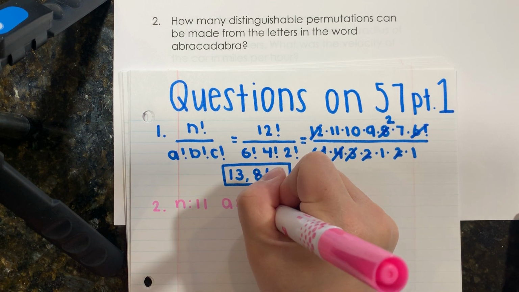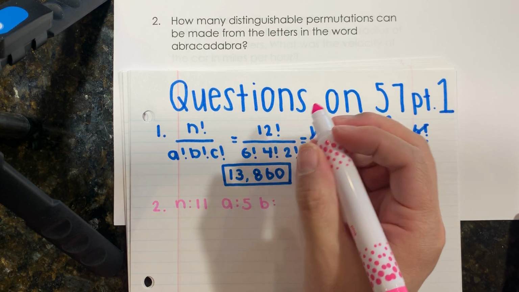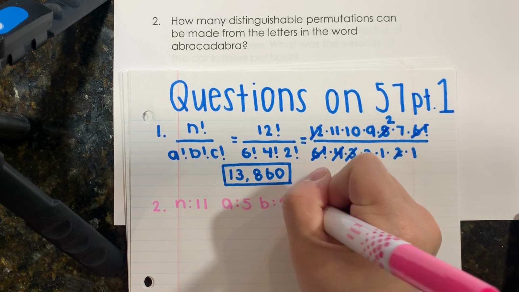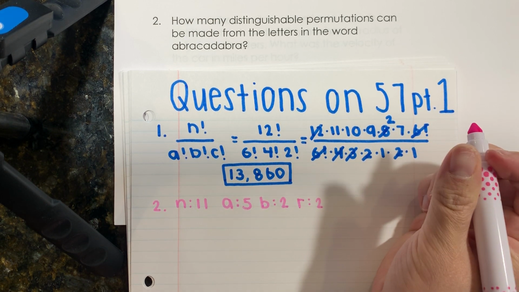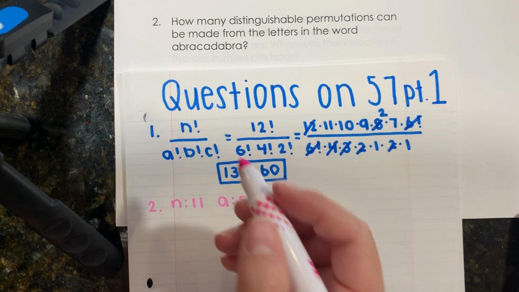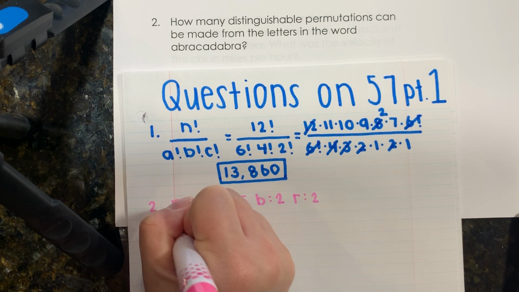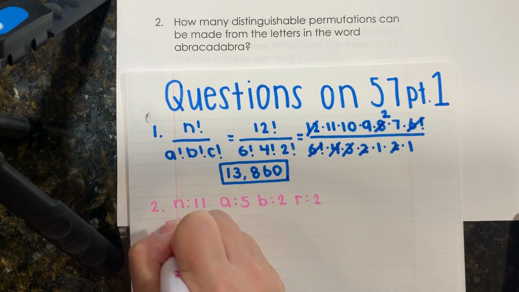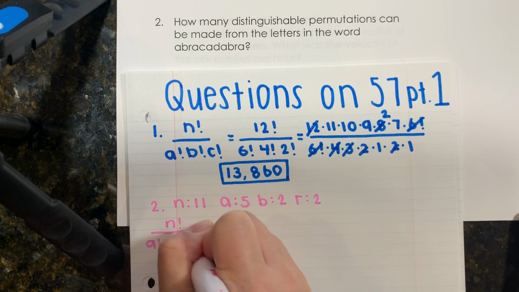Number of B's, I have 2. And number of R's, I also have 2. So now for my formula, n factorial over the number that are alike. So this would be a factorial, b factorial, and then r factorial.